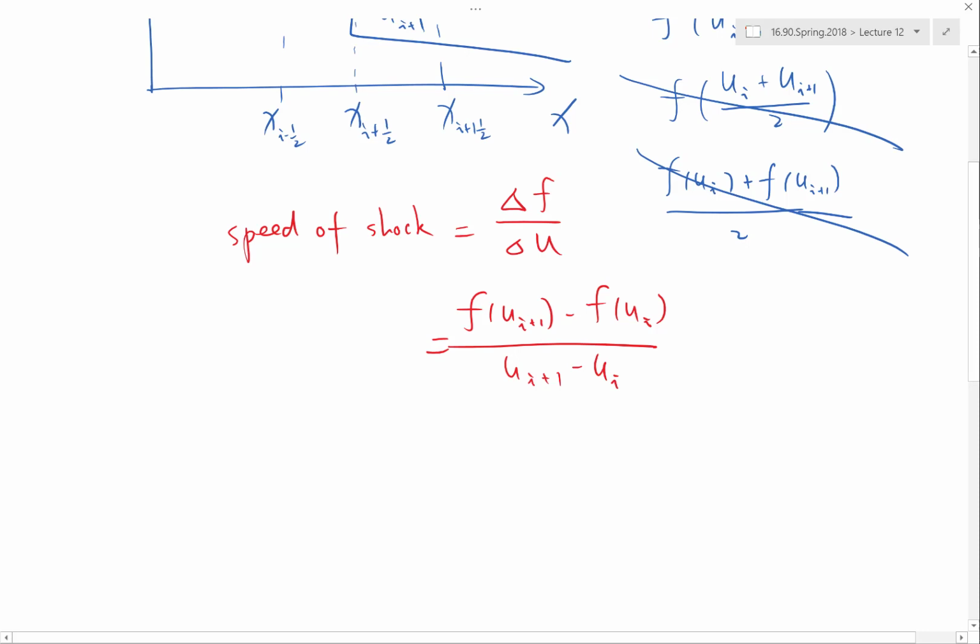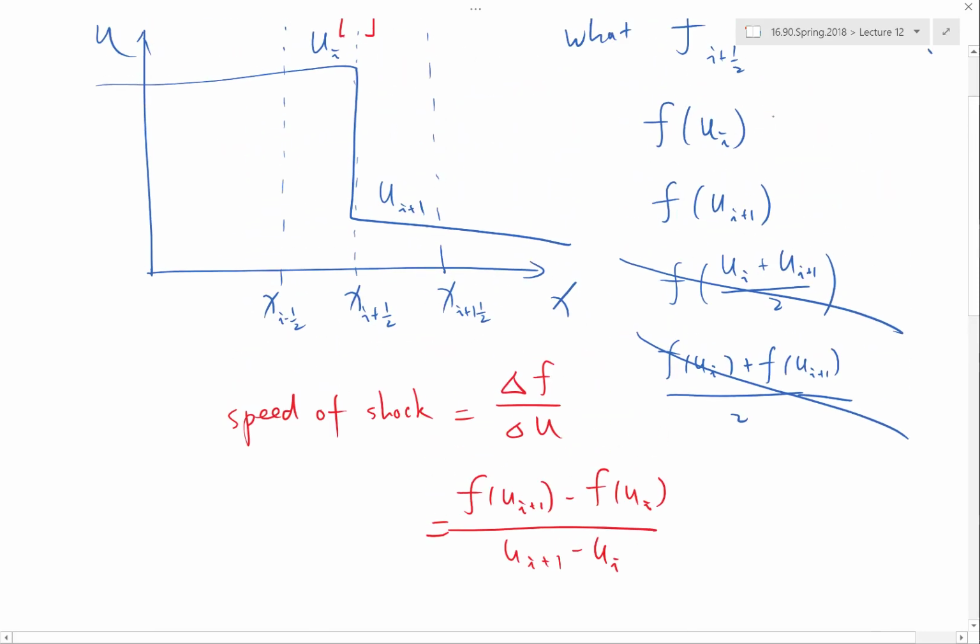You can look at whether f of u_i or f of u_i plus 1 is larger, and whether delta u is larger or smaller. You can figure out if the shock is moving towards the left or the right for a scalar equation, and then choose whether to use f of u_i or f of u_i plus 1. It's a simplified version. In reality, there is also a case where the shock wave disappears at the next instant, forming a rarefaction wave. But if that doesn't happen, you just choose one or the other depending on the sign of the speed of the shock.